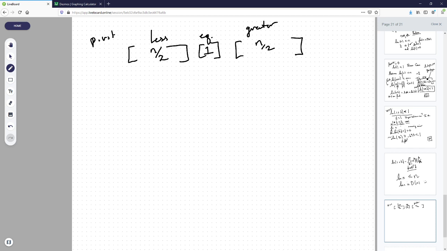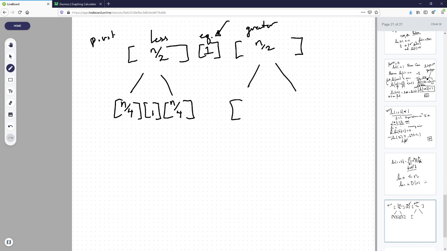Then you have to sort this one, and the less list is going to break into two lists of size n divided by 4. Now this is an approximation. This is a best case scenario for this algorithm. You could accidentally pick the wrong pivot and everything goes into the greater list or the less list, but we're assuming best case, perfect division.